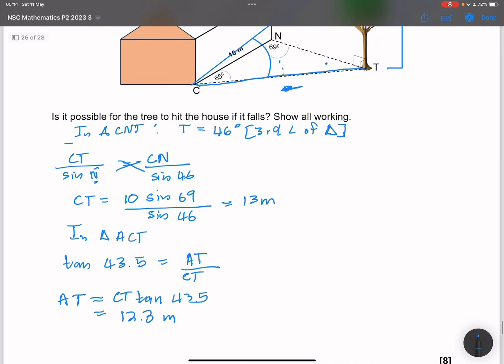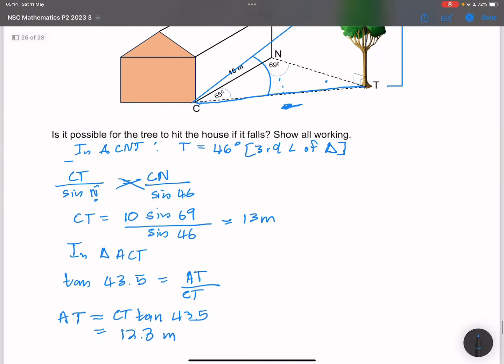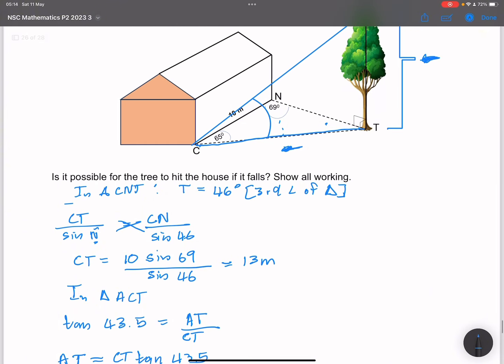Now what we want to find out is the shortest distance from the tree to the house.